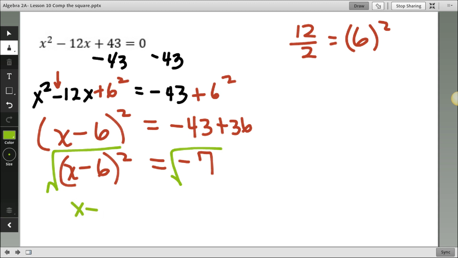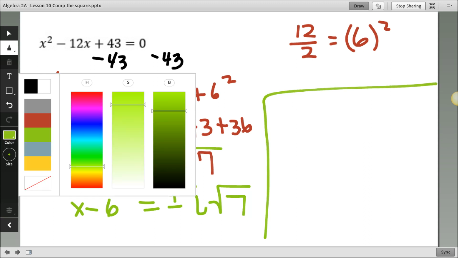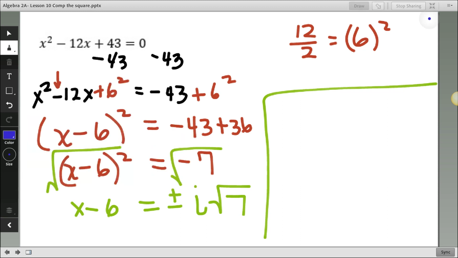So we got x minus 6 equals positive or negative i times the square root of 7. Remember, i is the square root of negative 1. That comes out anytime you have a negative value in the radical. And so now we're going to add 6 to each side.